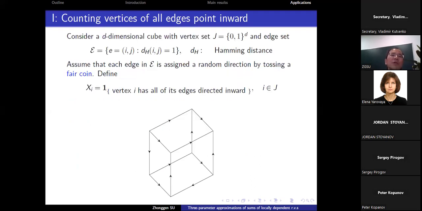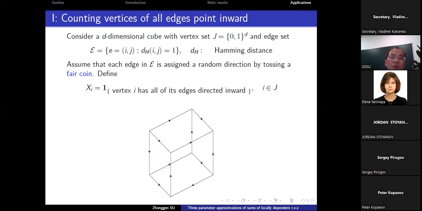Let's start with the first one, that is counting vertices at which all edges point inward. Let's consider a d-dimensional cube with the vertex set G and the edge set E.